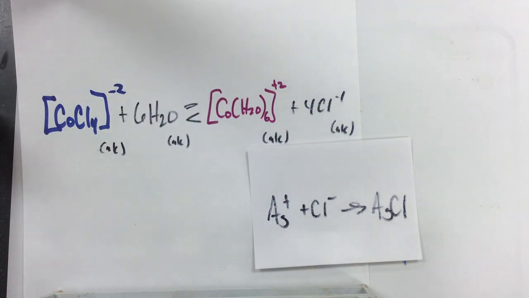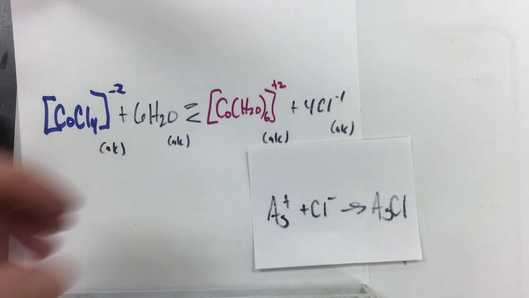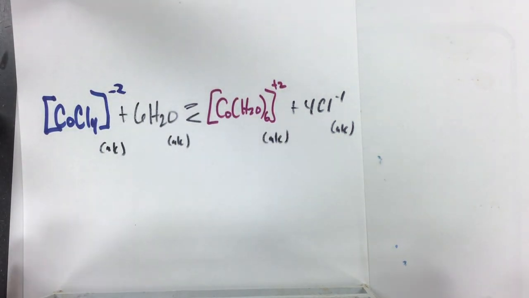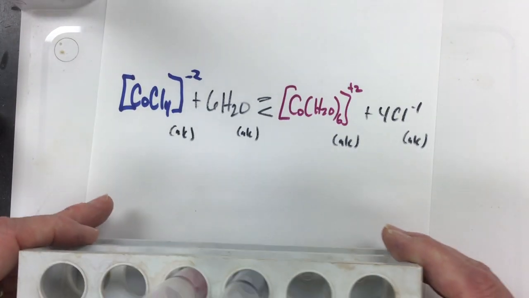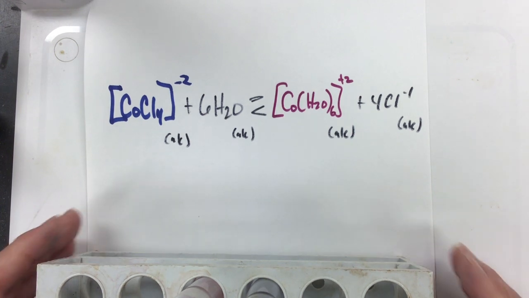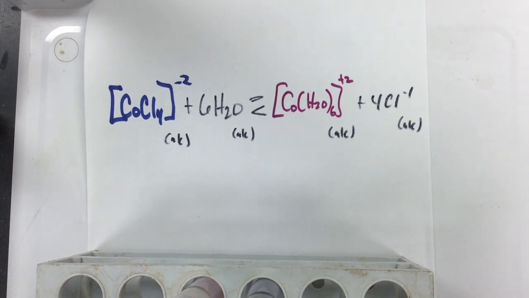All right. One last thing, and we're done. We can determine if this is an endothermic reaction or an exothermic reaction. Remember, we talked about this already. It's either going to be endo or exo based upon where heat goes.